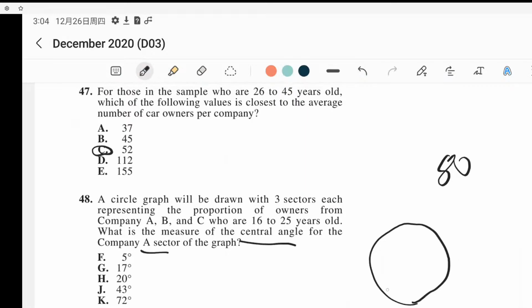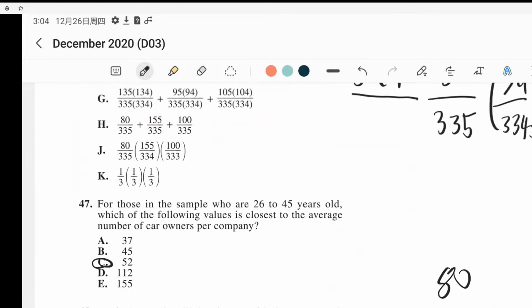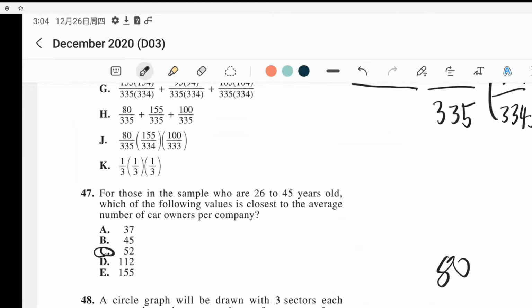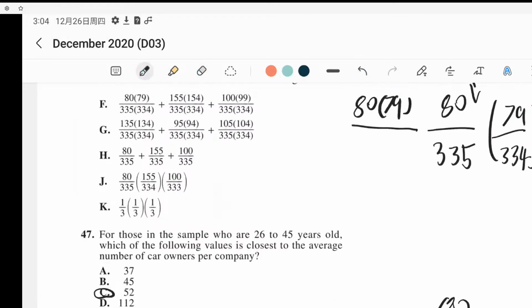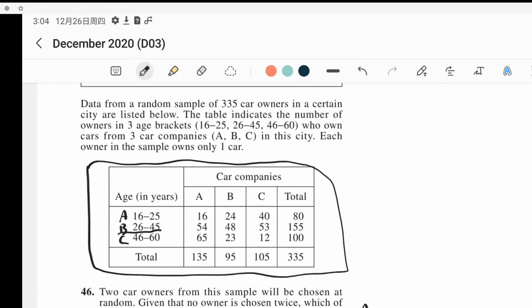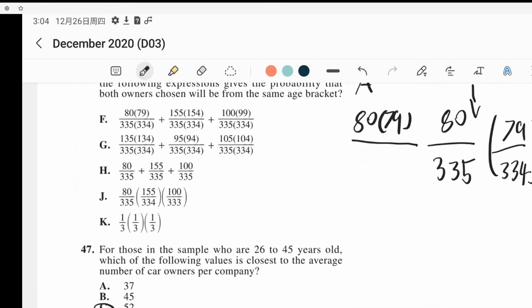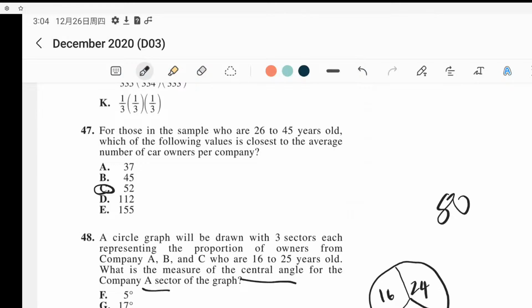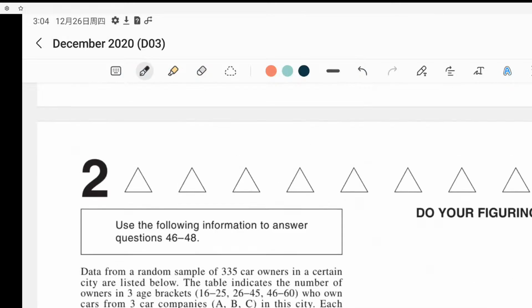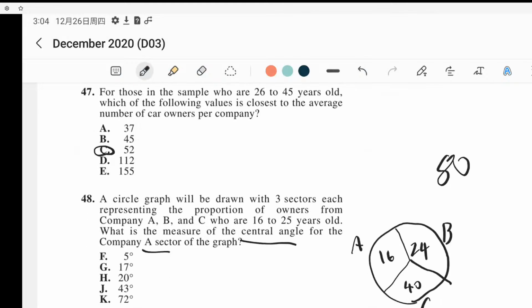So we could divide this circle into one with the 40 people, one with 16, and one with 24 people. And then this represents the A part, this is B, and this is C. So we want to find this angle right here.